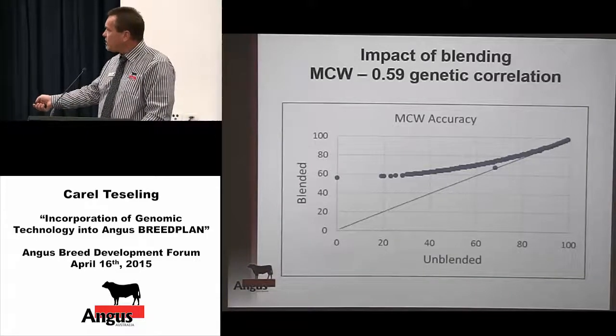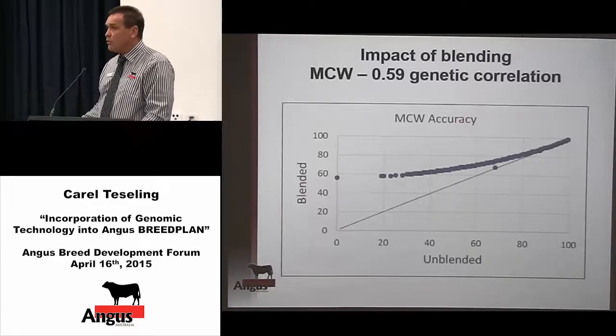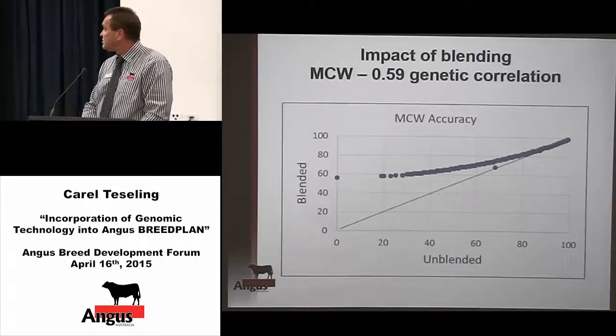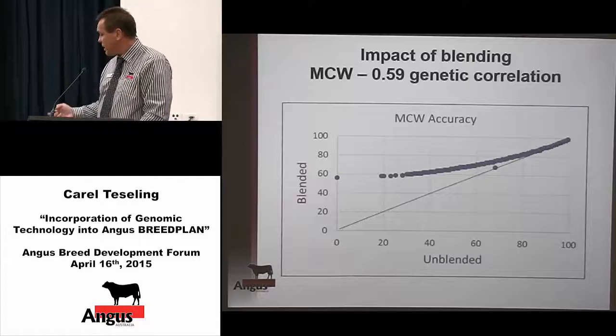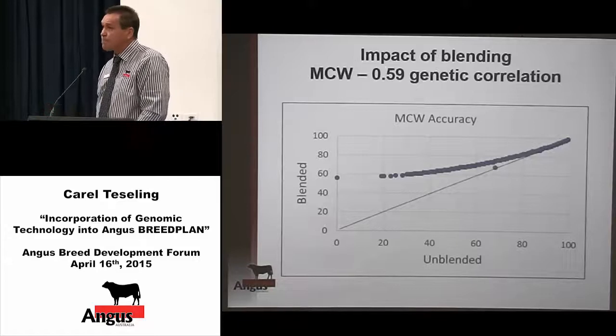So what you can see is that if an animal, for instance, had a 0 accuracy or very close to 0 accuracy, just by testing them for the 50K, that animal's accuracy would go up to about 58, 59.